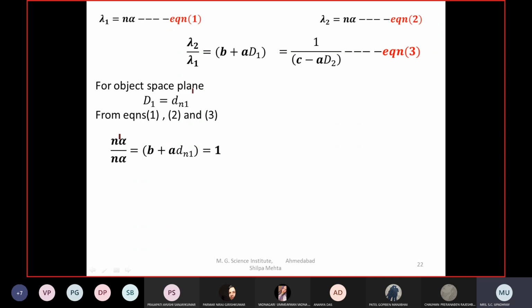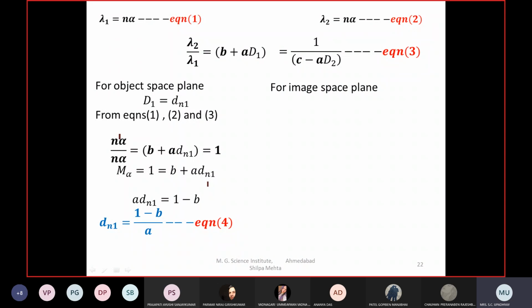So when we have nodal point 1, in object space it satisfies the equation b plus ad1, which is replaced by b plus a dn1 equal to 1. Therefore 1 is equal to b plus a dn1, and from this dn1 is equal to 1 minus b upon a. We call this equation number 4.